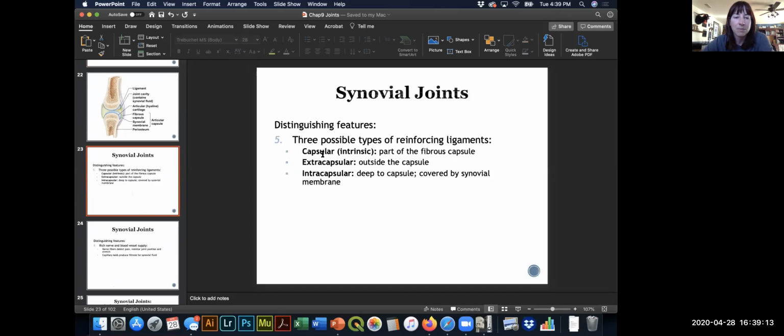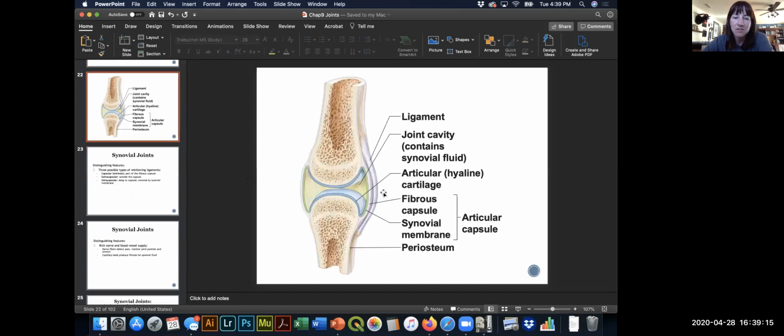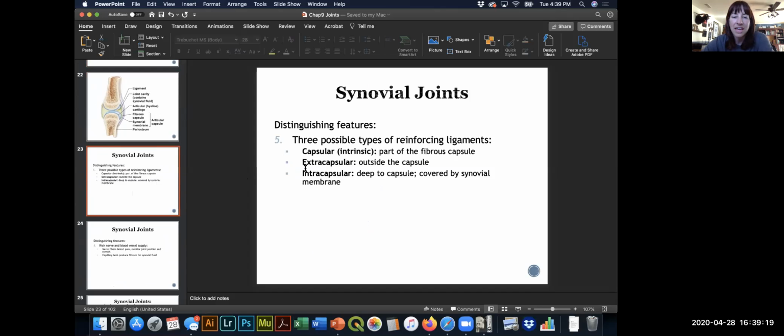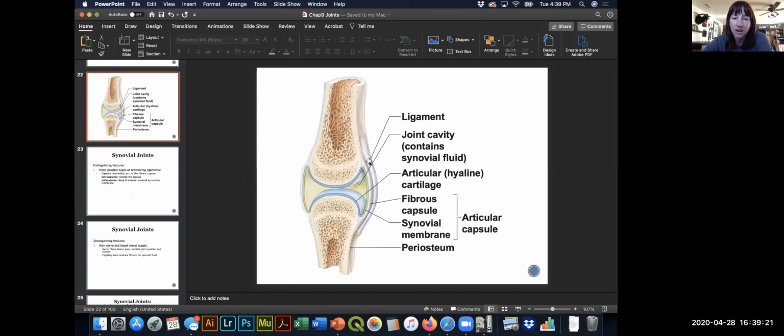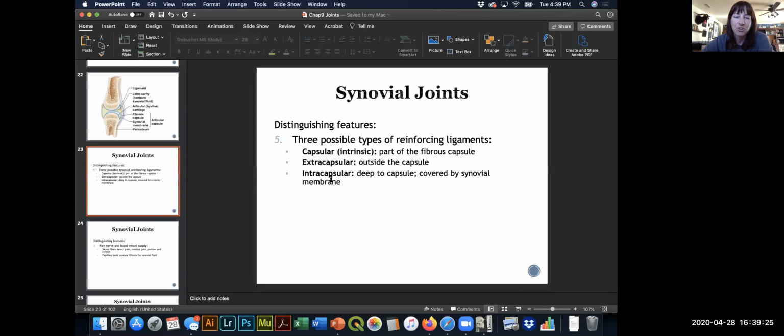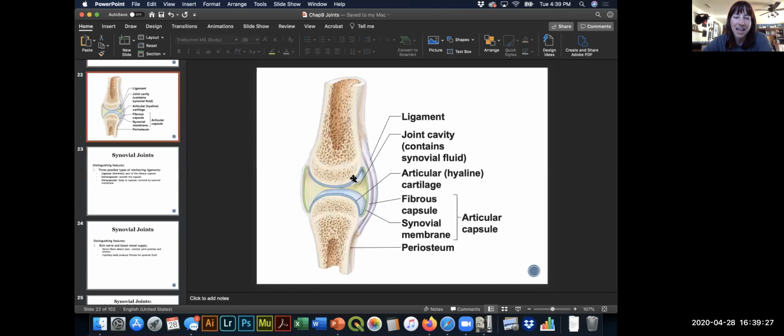Some reinforcing ligaments are, like I said, capsular, so they're actually part of the synovial capsule. Some are extracapsular, so they are outside of the capsule. This might be an example. And some are intracapsular, which means that they are inside of the capsule. They're in here somewhere, okay? And again, this image of a synovial joint is a super generalized imaginary joint that has all of the parts of a synovial joint, okay?